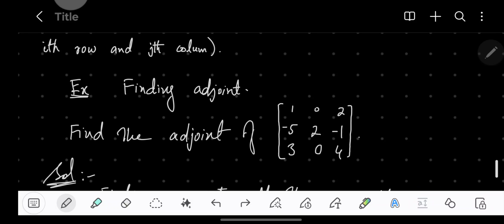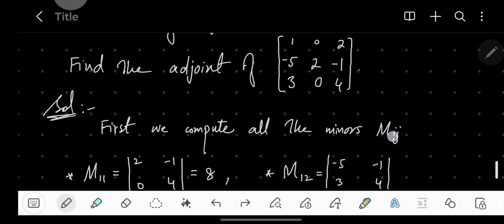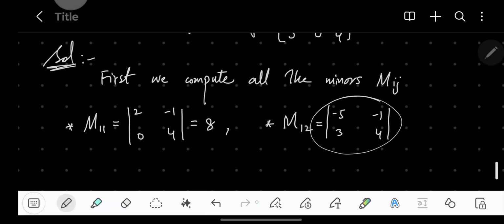This is the element in the first row and the second column. If I delete row 1 and column 2, the rest is -5, -1, 3 and 4. You can check, this is M12. If I calculate its value, I will get -17.